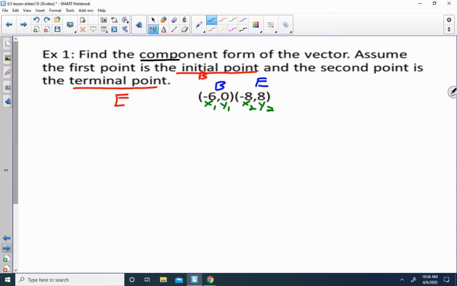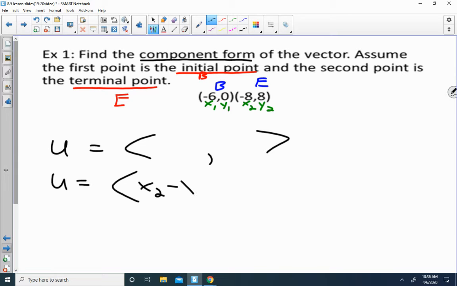And remember, we are trying to find the component form, or in other words, in this case, we'll call it vector u. We're trying to find this form. And according to the previous slide, you have to do x2 minus x1, and then y2 minus y1. That's how you find the numbers of the component form.